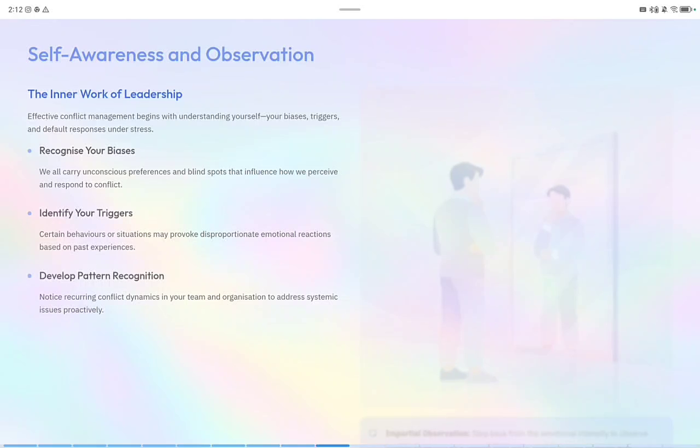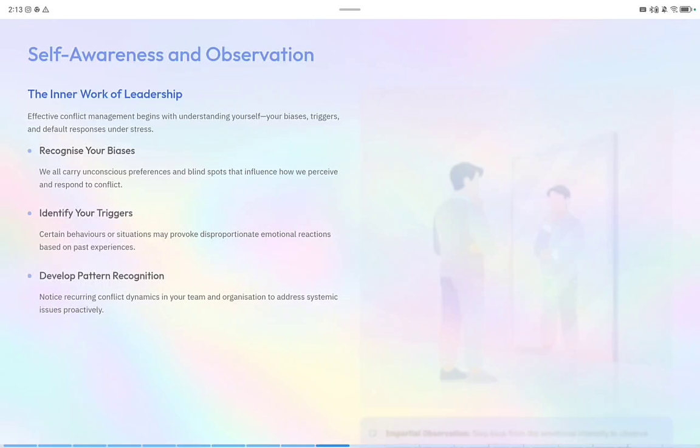Again, don't miss to journal. Develop pattern recognition. Notice the recurring conflict dynamics in your team and organization to address systematic issues proactively. It's extremely important for us as leaders to notice this recurring conflict, right?